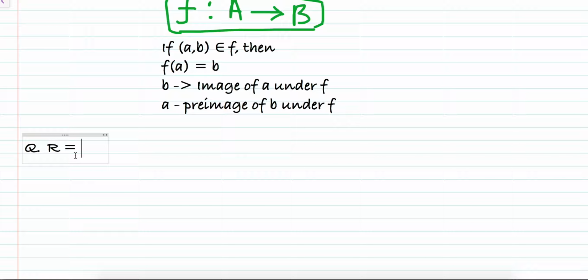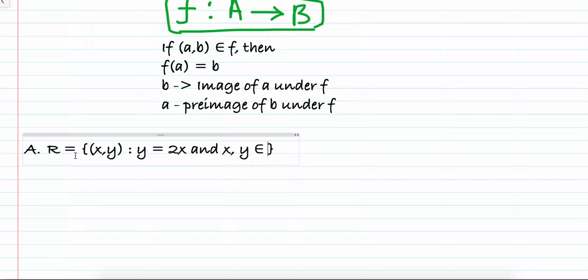So we have a relation R defined as (x, y) such that y is equal to 2x, and (x, y) belong to natural numbers.